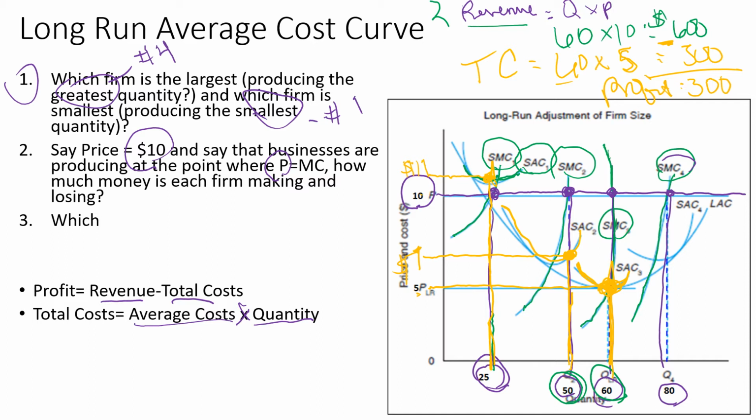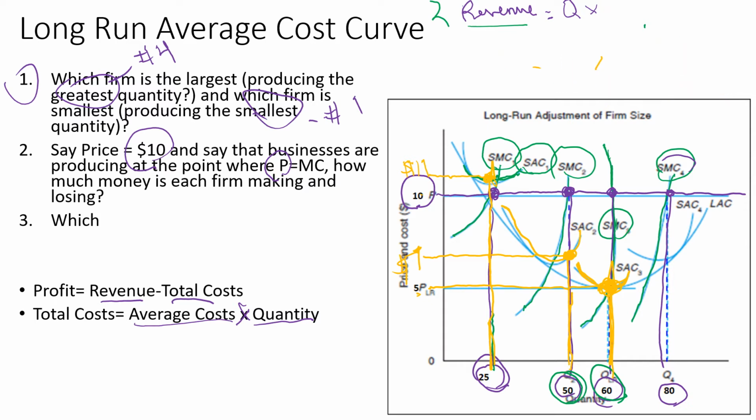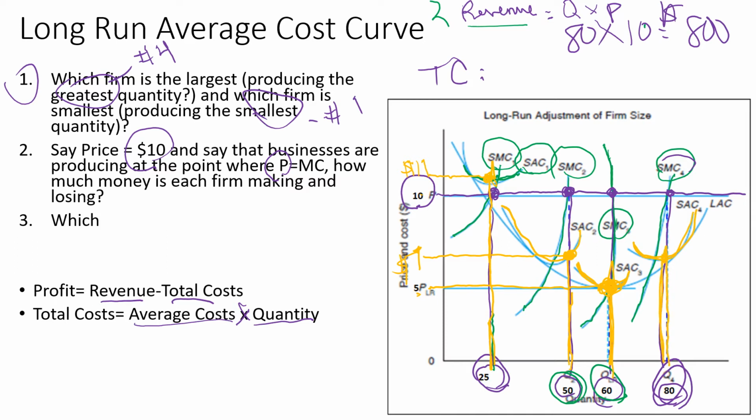Firm 4, they're producing 80. Let's erase this. Firm 4 is producing 80. They're also getting that price of $10 when they sell it. So their revenue is $800 and their total cost is where the average cost curve, so this is their average cost curve, meets the quantity that they're producing.